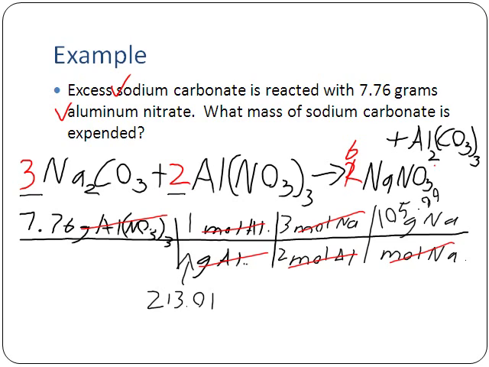So 7.76 times 1 times 3 times 105.99 divided by 213.01 divided by 2 divided by 1 gives us 5.79. And so our final answer here that we get is 5.79 grams of what we're looking for, which was sodium carbonate. So Na2CO3.